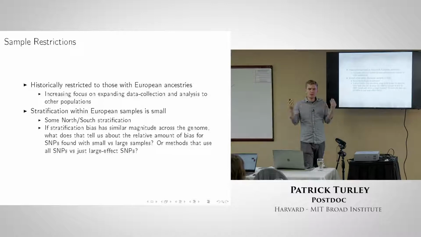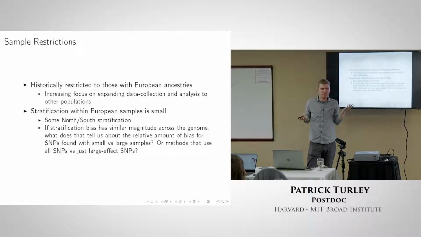And so if we do our first GWAS and it has a really big effect size, we may be less concerned for our really big effect size SNPs because there might be some stratification bias, but maybe it's just small. But now we're getting million-person GWASs, and the betas for these million-person GWASs are much smaller than the original ones that we saw, but the biases are the same magnitude as we increase sample sizes.